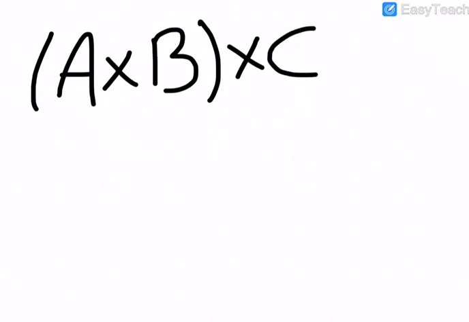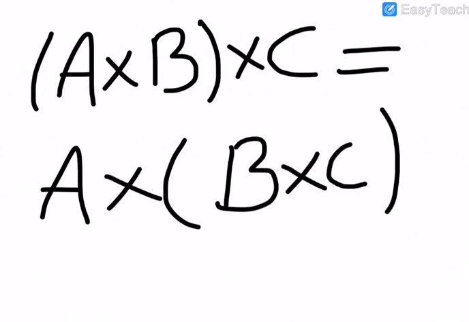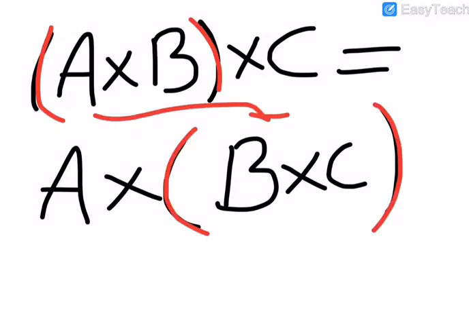It means (A times B) times C is equal to A times (B times C). I mean, you can change the parentheses, okay? You can take it from here and put it over here. So it's associative, right? It's just like the normal numbers.